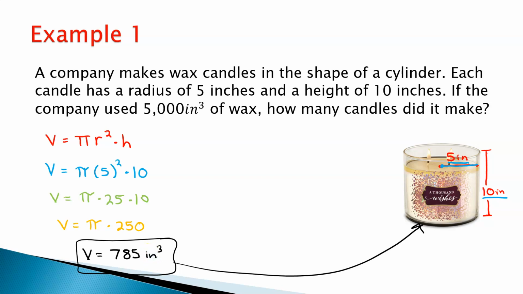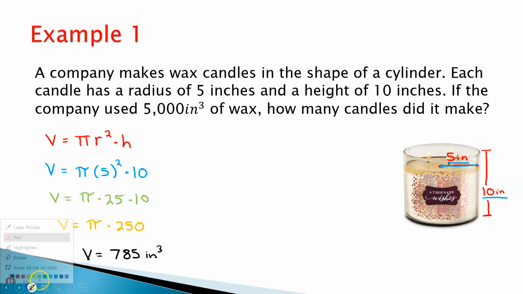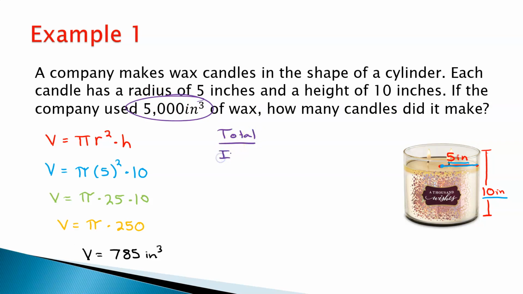All right, so if I'm worried about how many candles they can make, we're going to take that total wax and divide it by the individual candle. Let's see if I can actually write that down. Our total wax that we have was 5,000 cubic inches, so 5,000.